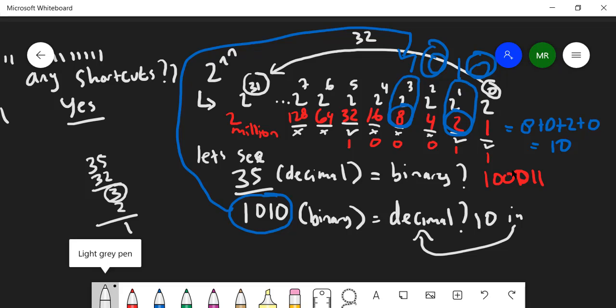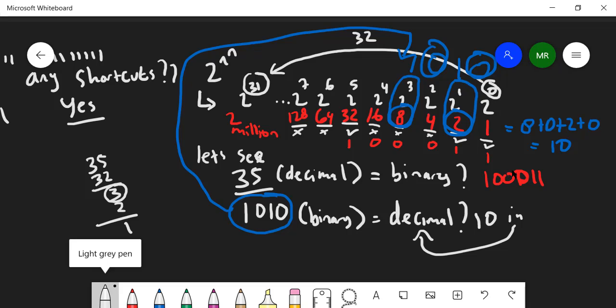The second 1 is at 2 to the power of 1, which is equal to 2. So 1010 is like 8 plus 2 equals 10. You can just omit zeros from the calculation.